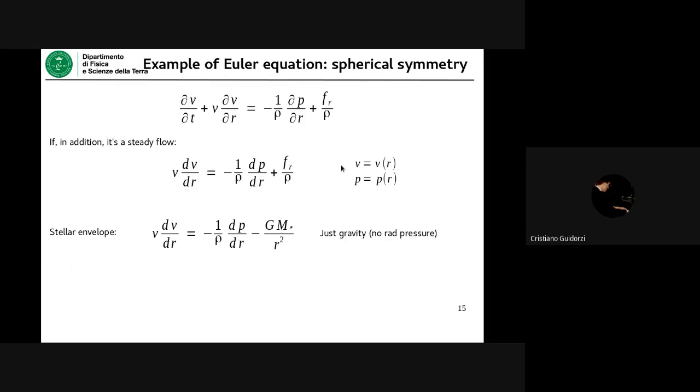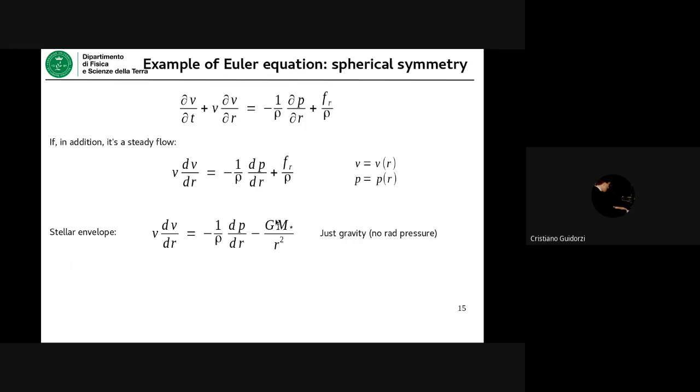An example of this is when you are not considering a generic force field, but for example just the presence of gravity. So the only force acting per unit volume is the one due to gravity. I remind you, we define F as force per unit volume.